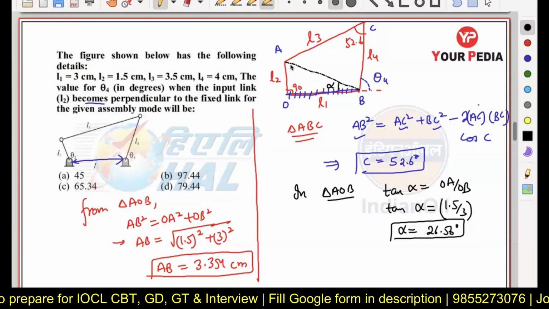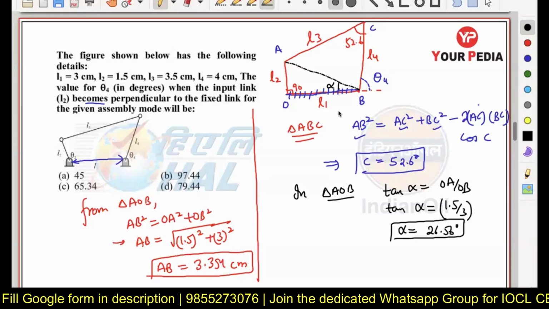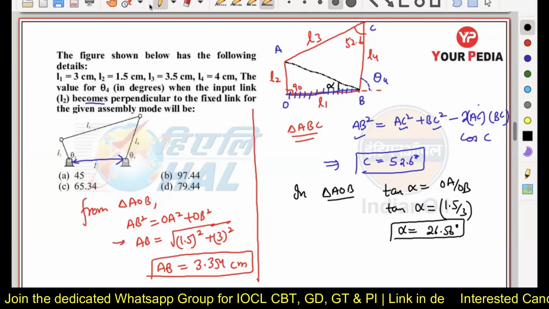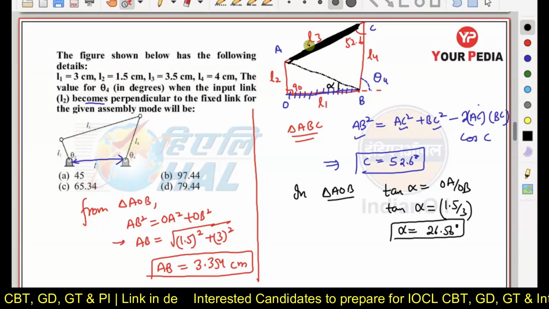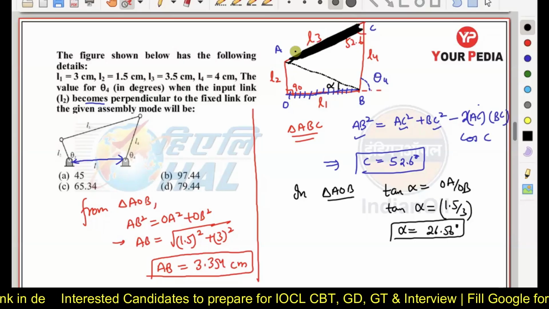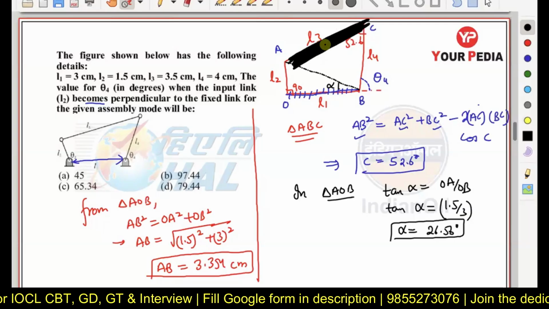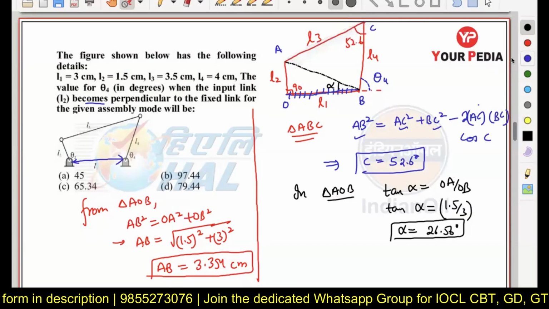Now the next part. What can we calculate now? Now we are going to use this particular triangle again, and I am using the AC here. I am calculating the AC now.